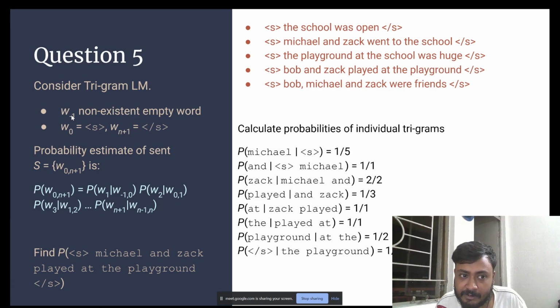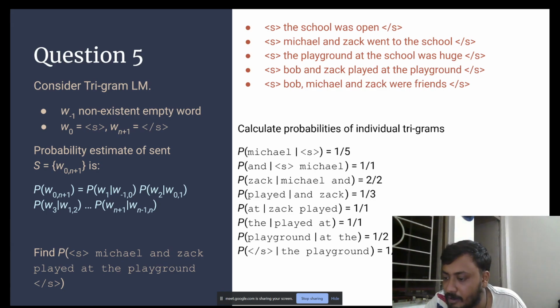So read them, try to understand what they're saying, but don't get thrown off. Eventually, you will have to do something which you have already been taught. And remember those little things, such as counting the beginning of sentence and end of sentence when you do perplexity and things like that. Consider these two things when you have them.